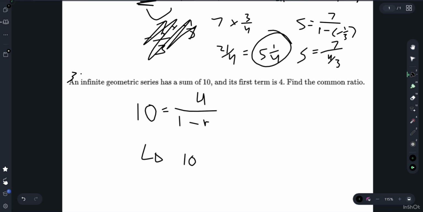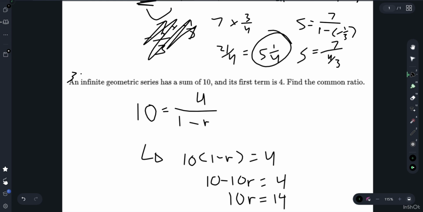So 10 times 1 minus r is equal to 4. 10 minus 10r is equal to 4. So 10r is equal to 6, and we divide by 10 on both sides, so r is equal to 6 over 10, which is 0.6. So that's our answer for question number 3.